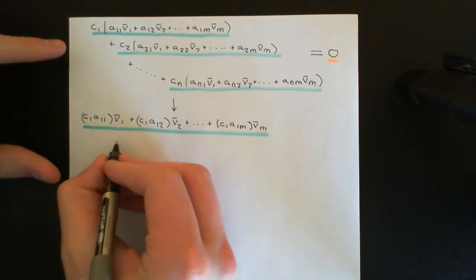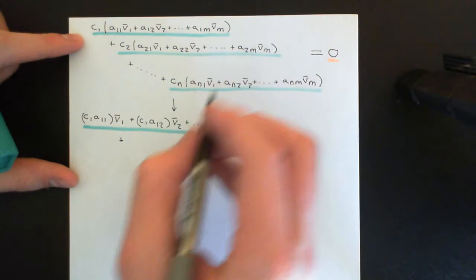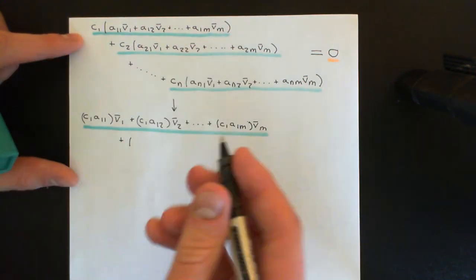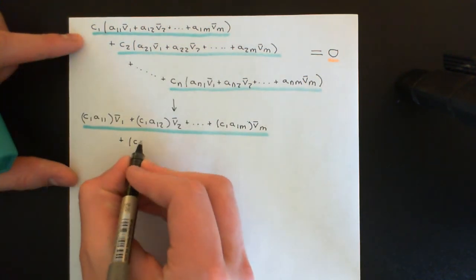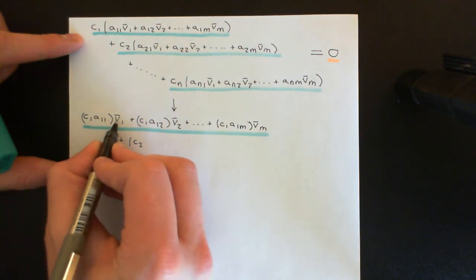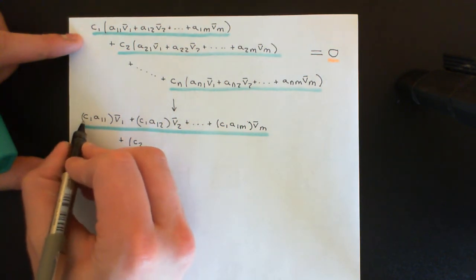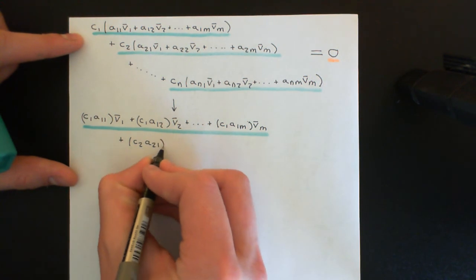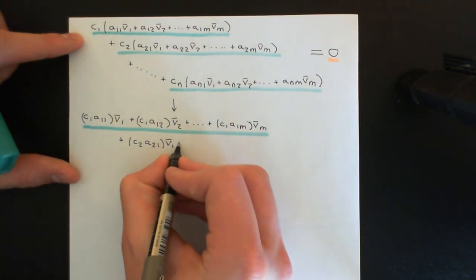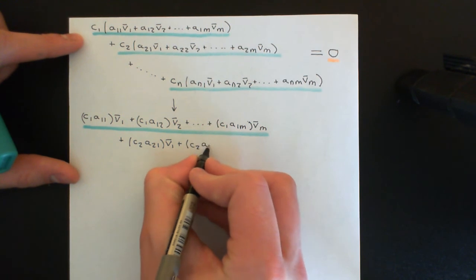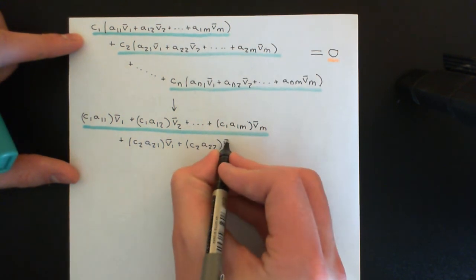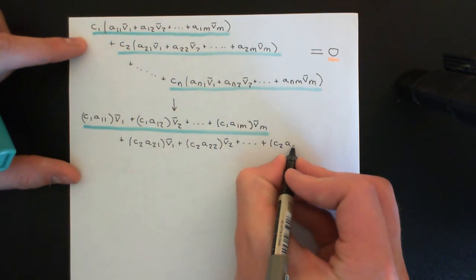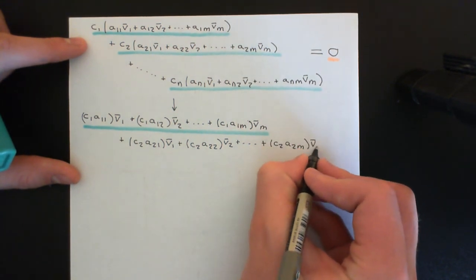Then the second line, we're just doing the exact same things. So we're expanding this using distributivity and then applying associativity of scalar multiplication with field multiplication to change it from having the brackets around this thing scalar multiplied with this thing to having the brackets around these two things multiplied together in the field. So c2 times a21 times v bar 1 plus c2 times a22 times v bar 2 plus all the way up until we have c2 times a2m scalar multiplied by v bar m.